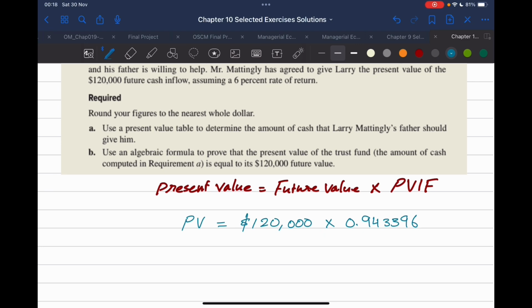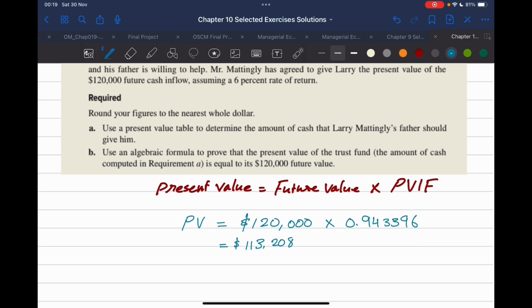Okay, so I already have the present value interest factor on my calculator, so I'm going to multiply that by $120,000, and that gives me $113,207.52. So I'm going to round that up to 8. Okay. So that should be the amount that Larry Mattingly's father should give him today, right?